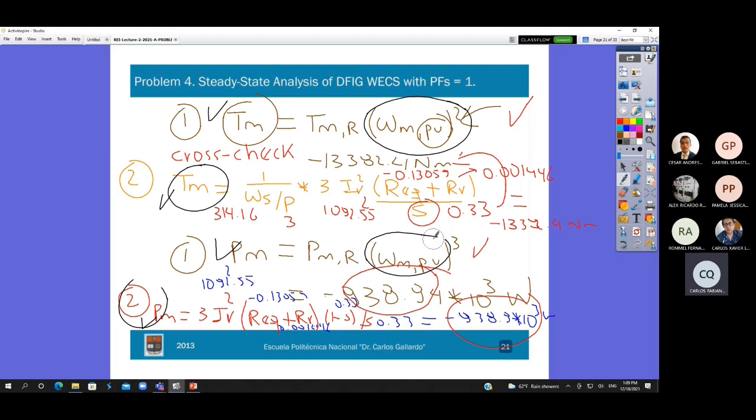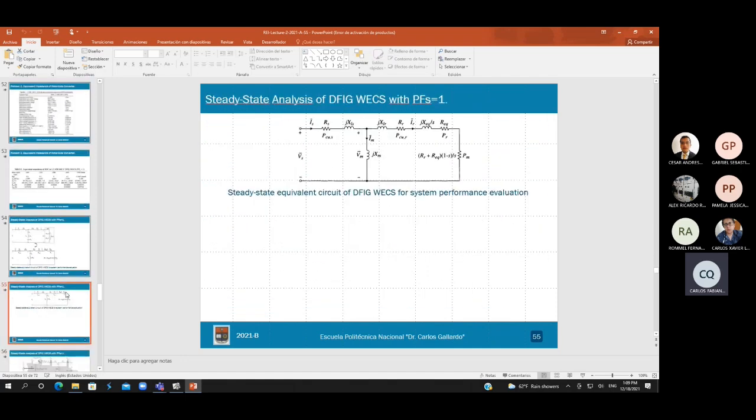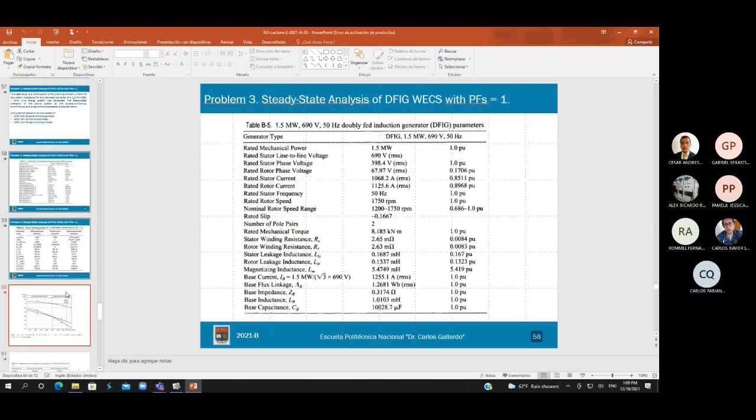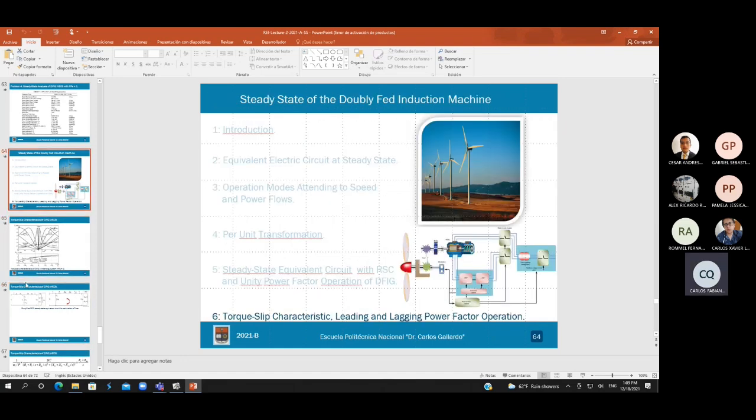Okay, guys, so let's continue with the next part. And the next part is the last part, 64. This is the torque slip characteristic.